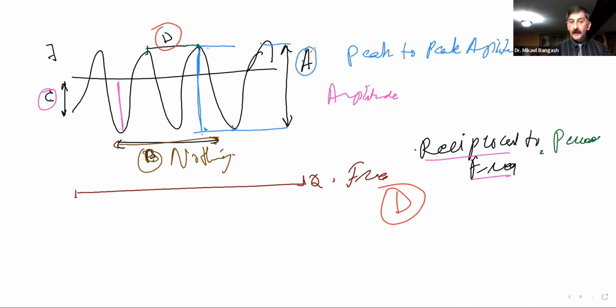Peak-to-peak amplitude was A. Frequency we can't. Then wavelength, and then none of the above. Now D mainly marks what was the period.